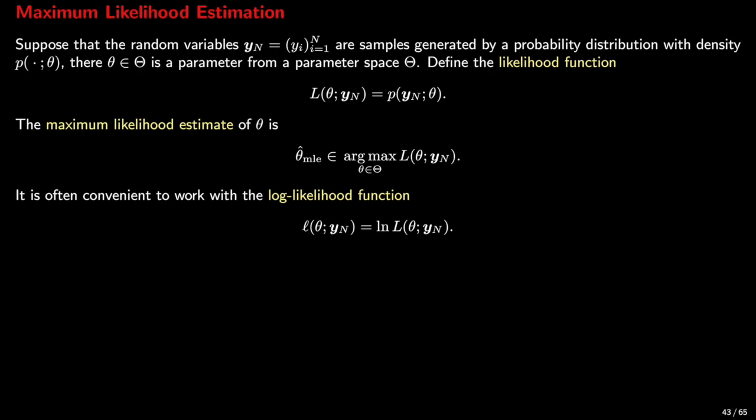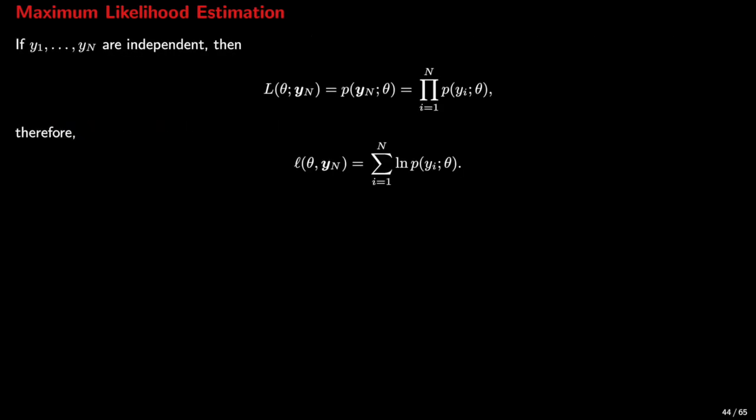It is often convenient to work with the log likelihood function, which is the logarithm of the likelihood. This is denoted by little l. The maximum likelihood estimate of theta, given the data y_1, y_2 up to y_n, can be written as a maximizer of the log likelihood function. Typically, we assume that the samples y_1, y_2 up to y_n are independent.